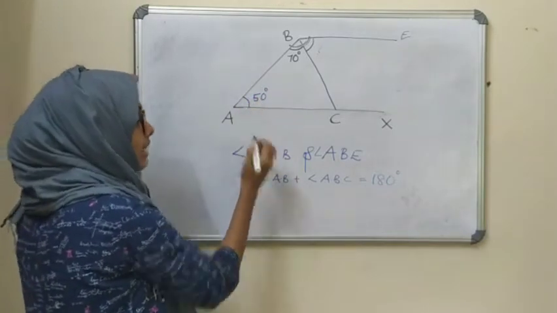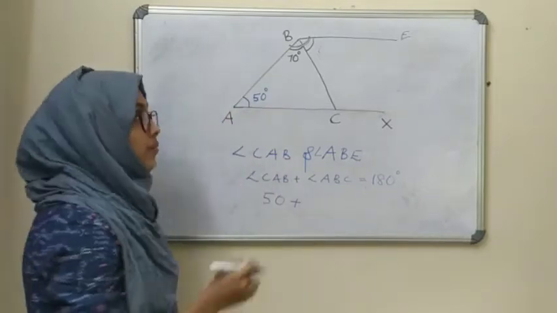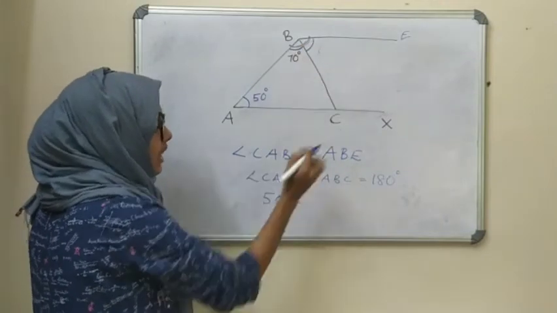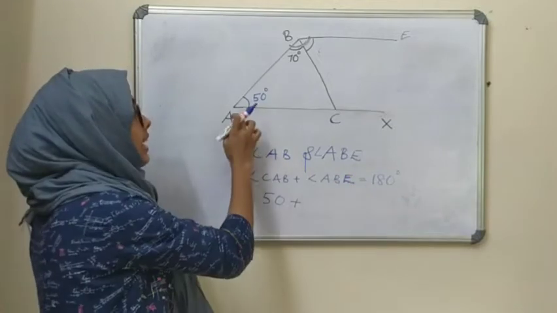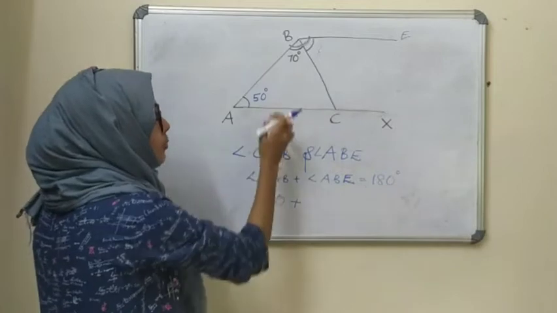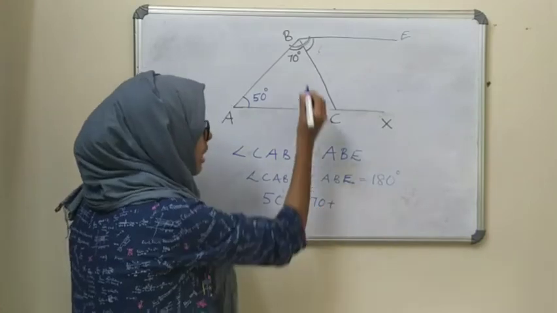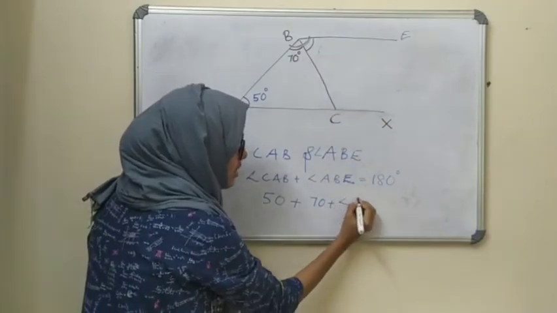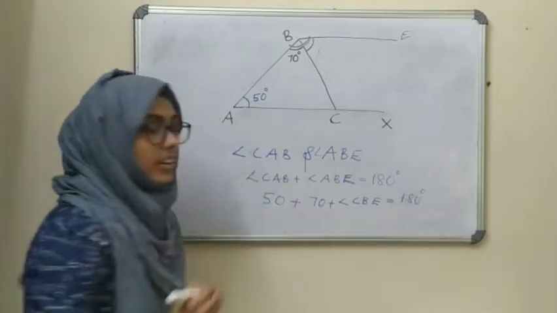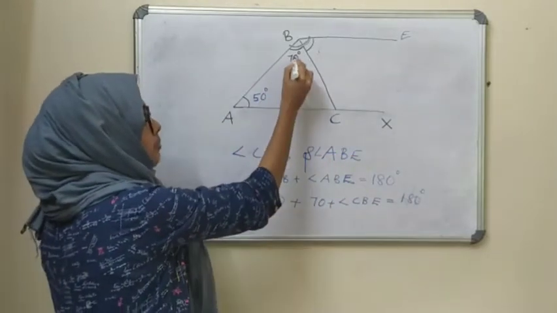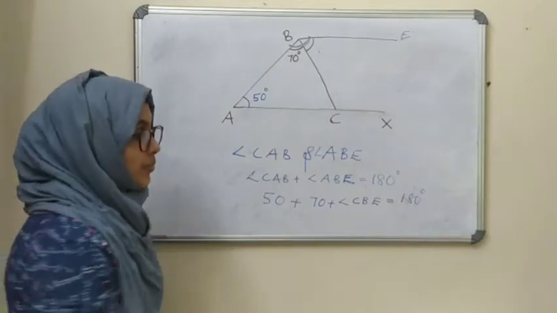So if angle CAB is 50 degrees, and we know angle ABE will be 70 plus some other angle, that is angle CBE, which together equal 180 degrees. So when we add all three angles, we get 180 degrees.